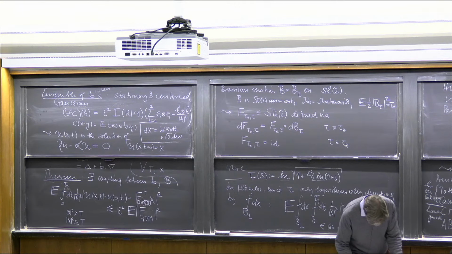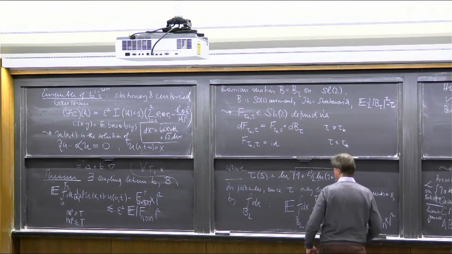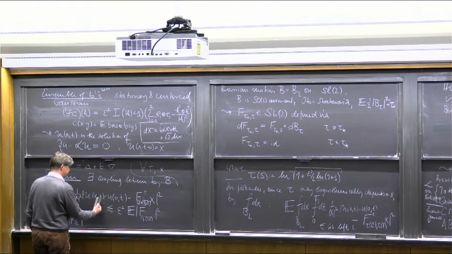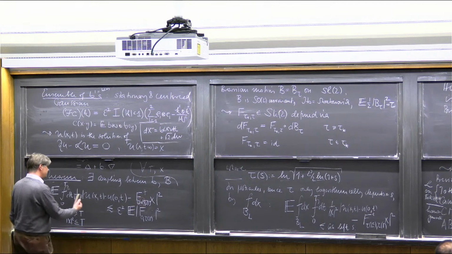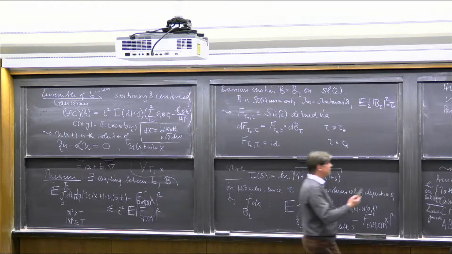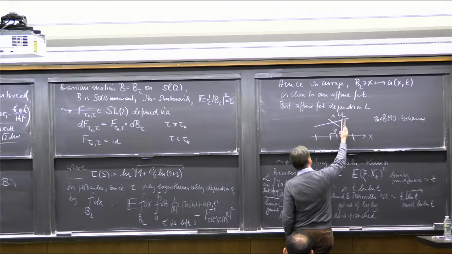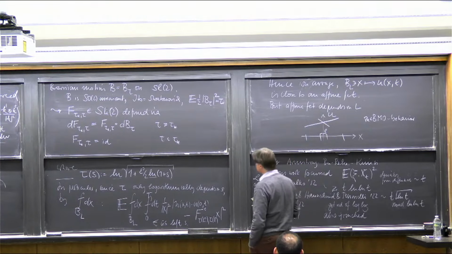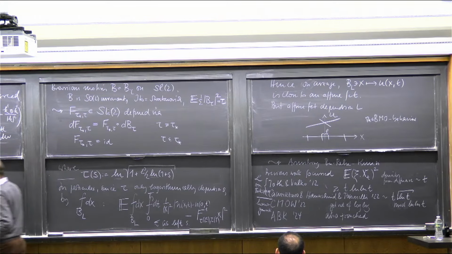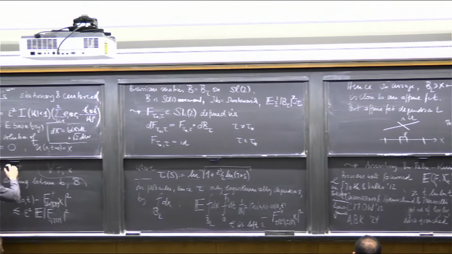So the next result is, in a certain sense, making a statement on the modulus of continuity of this field, which is almost Lipschitz up to a logarithm, which in a certain sense is already suggested by this picture. So let me make this more precise. Perhaps this is now fixed.